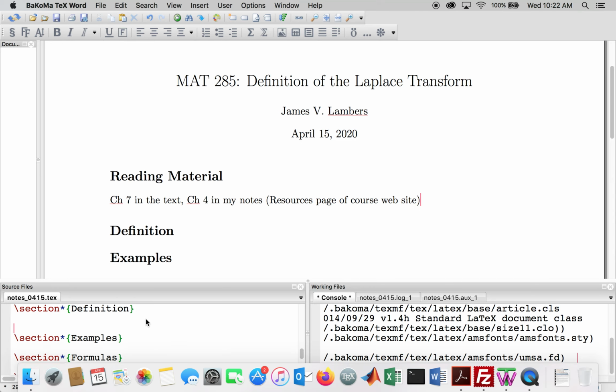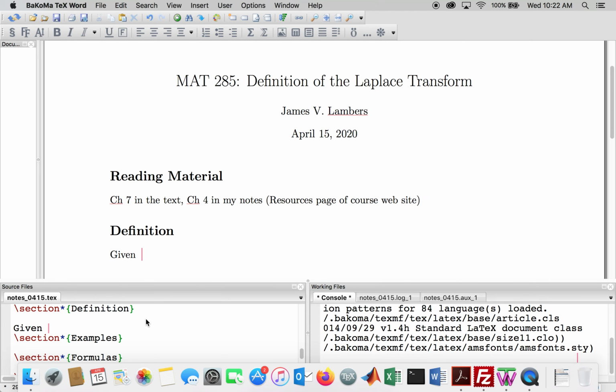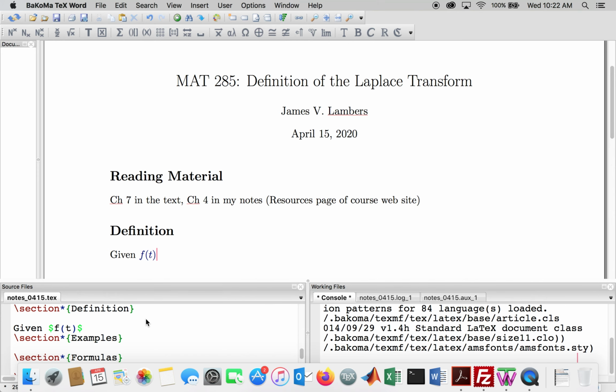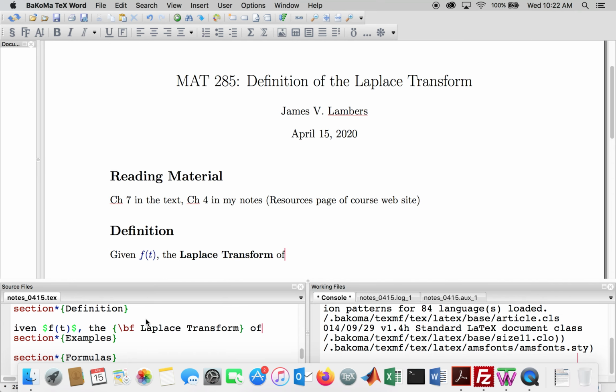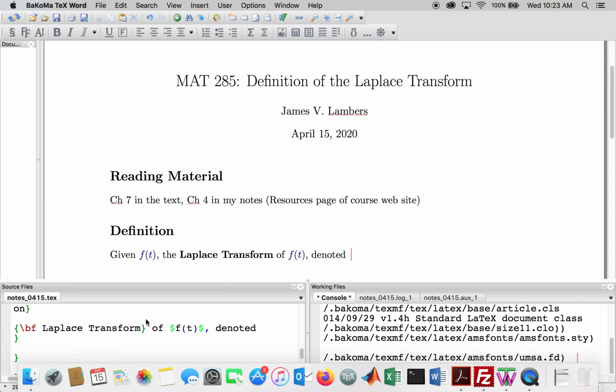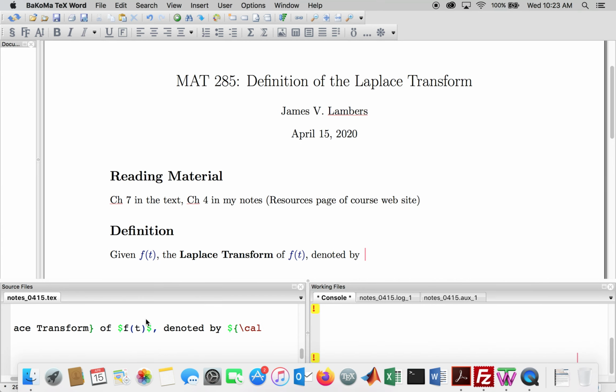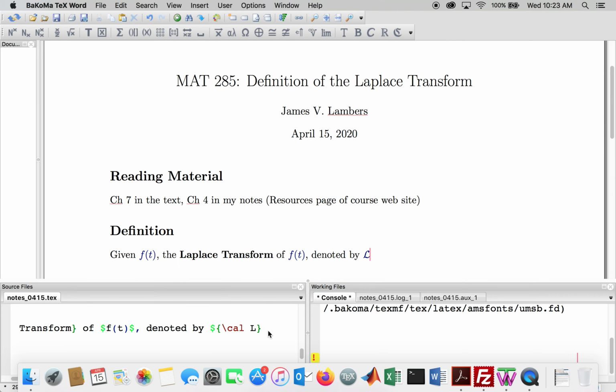So we're given some function f of t, the Laplace transform of f of t. It's denoted usually, different books use different notation, but what's commonly used is some sort of fancy L for Laplace of f of t.